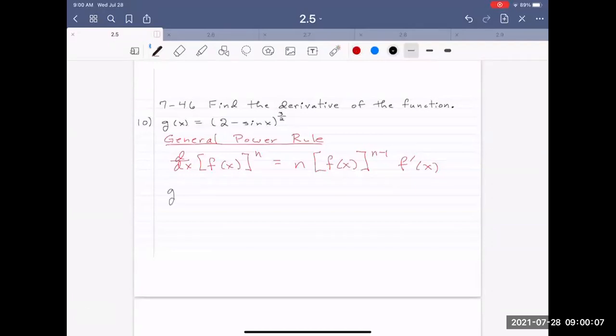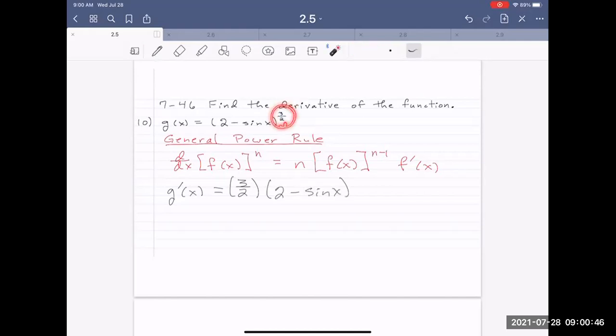So the derivative of any function is just going to be the derivative of the outer. Well, you notice that this is raised to the power 3/2. So let's bring this exponent out front, times, well, rewrite what's on the inside, 2 minus sine x, to the power of 1 less.